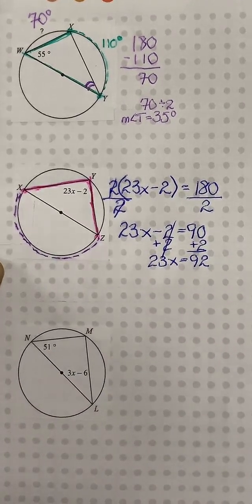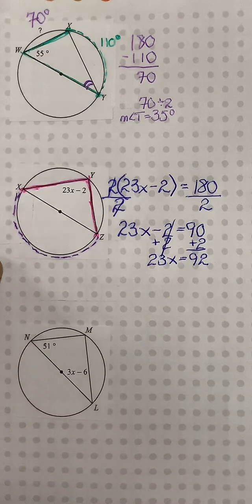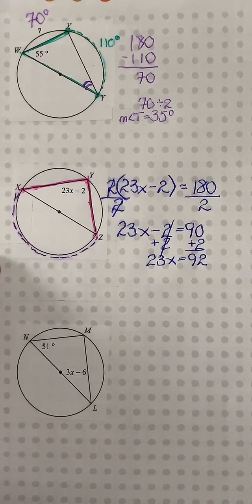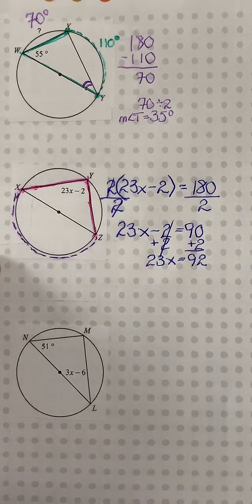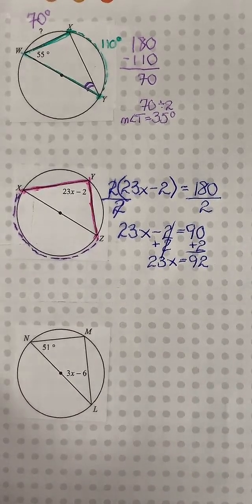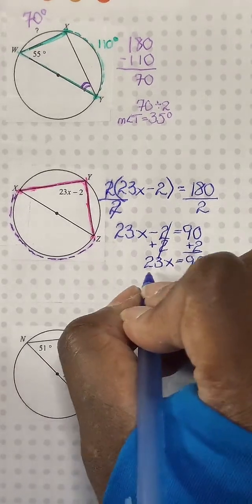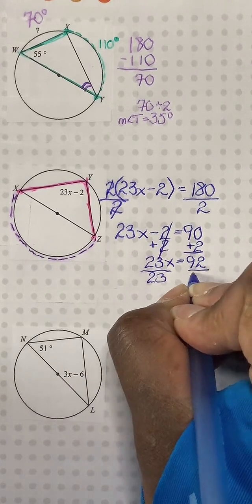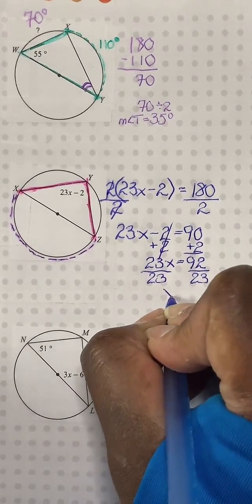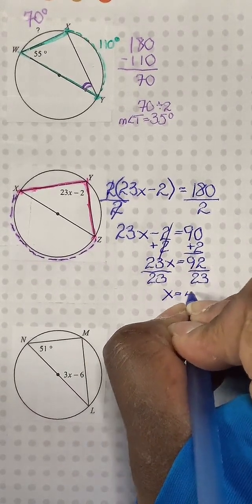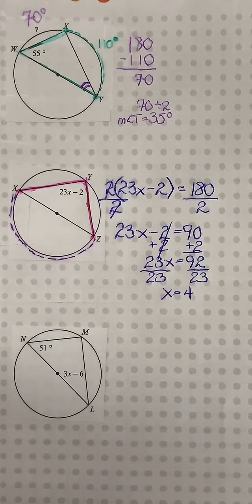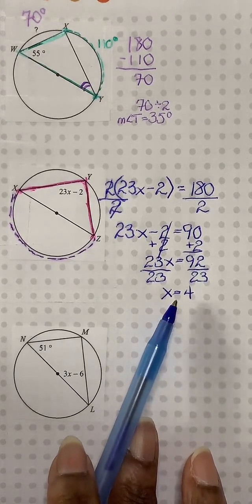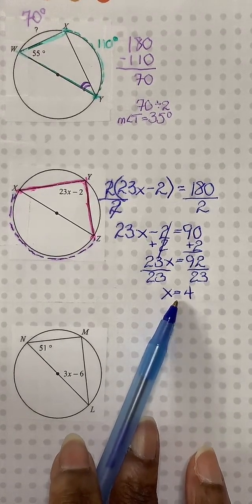If I divide 92 by 23, I think it'll give me 14. No, wait, 4. Okay, so now I found that x is equal to 4.